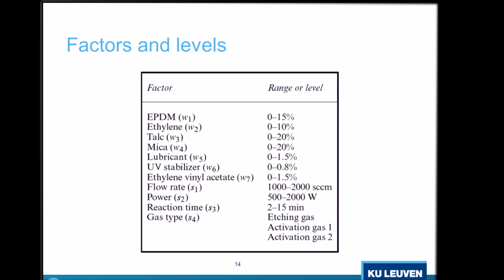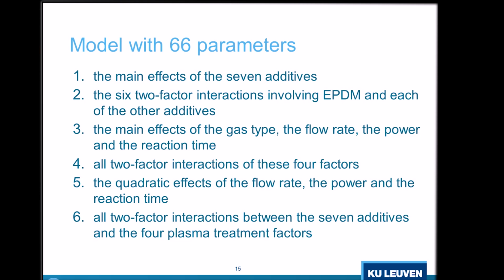As a result of all that, we have many factors which are nicely listed on slide number 14 together with their ranges. As a result of all these considerations, the model that the researchers were interested in was very complicated. And you can see the details about the model on slide number 15.